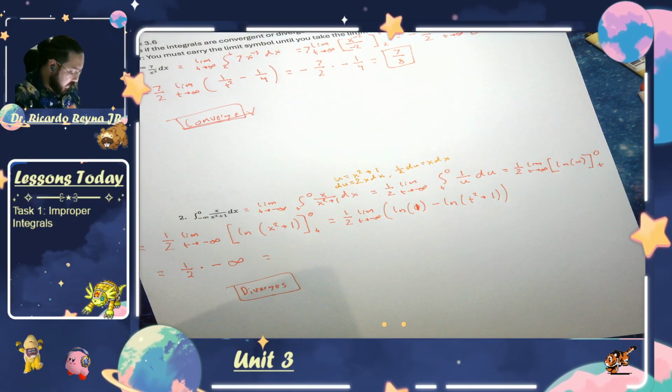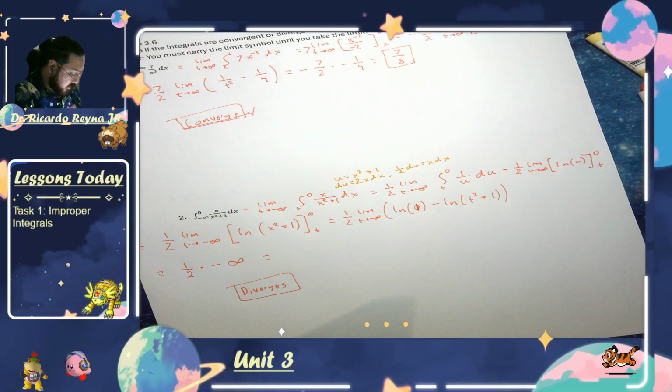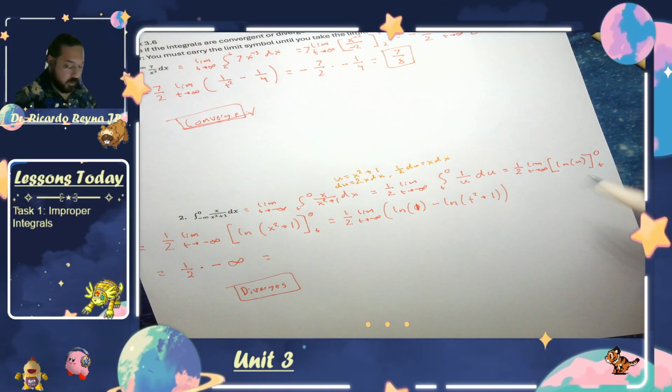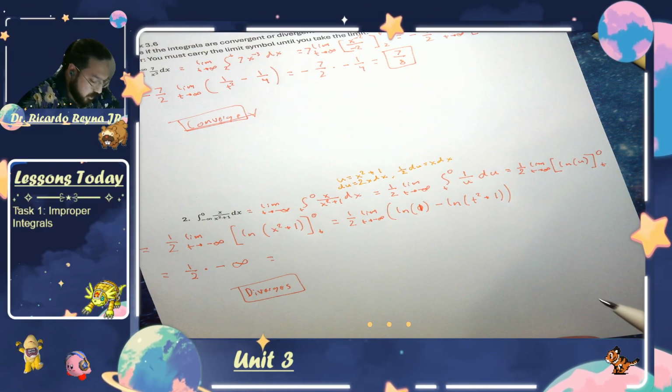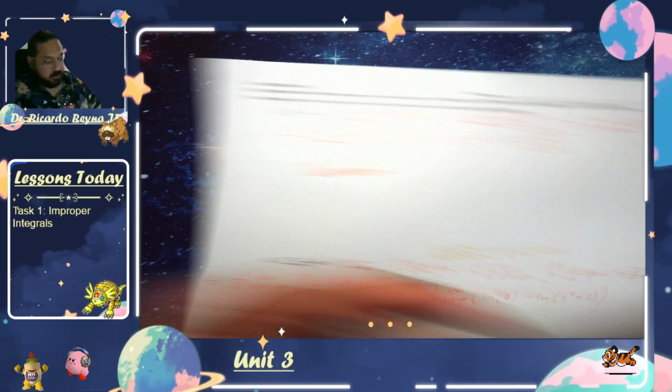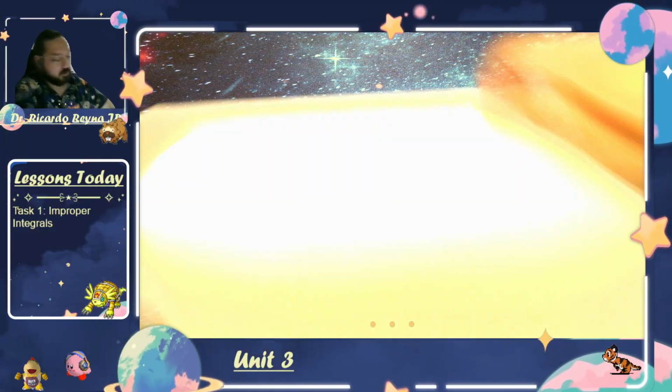Even multiplying by 1/2, 0.5, it'll go there slower, but it'll still go towards negative infinity. All right. And that's going to be it for this part. Let's move on to the next page.